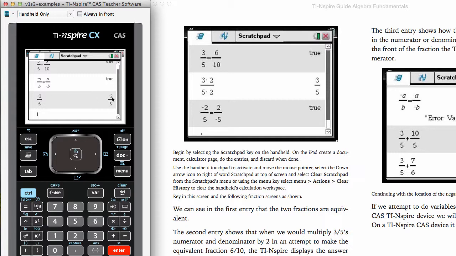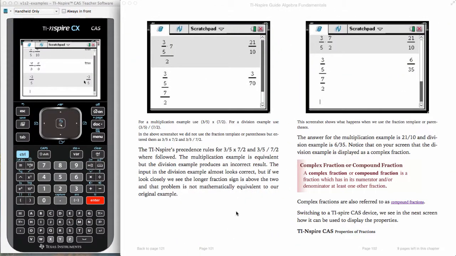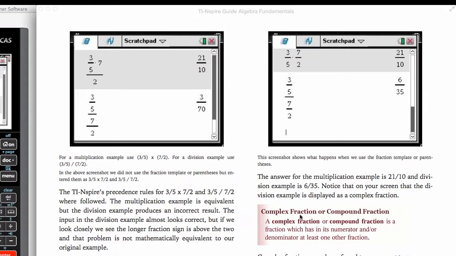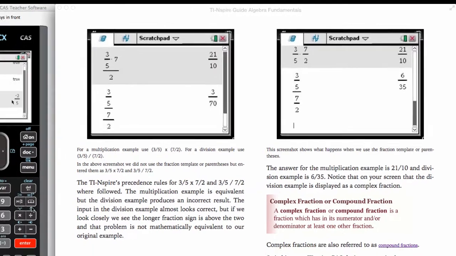It will not write the negative in the front like most math textbooks like to do. When we start dealing with complex fractions or compound fractions, things get to be tricky and the precedence rule takes over.